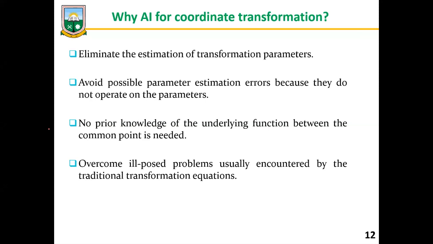So when you look at the AI, it does not determine transformation parameters. The AI does not need any prior knowledge of a mathematical relationship between the two reference systems that you are considering.